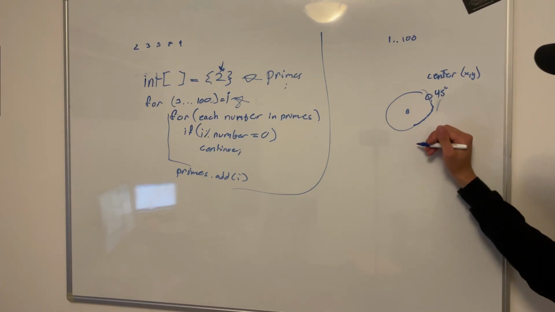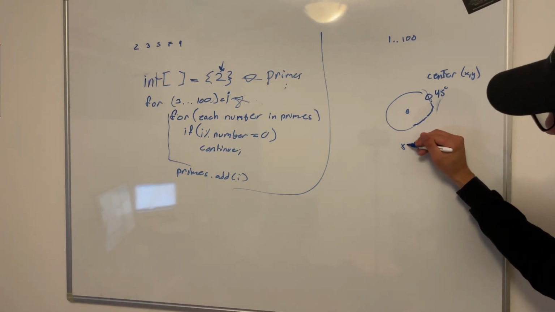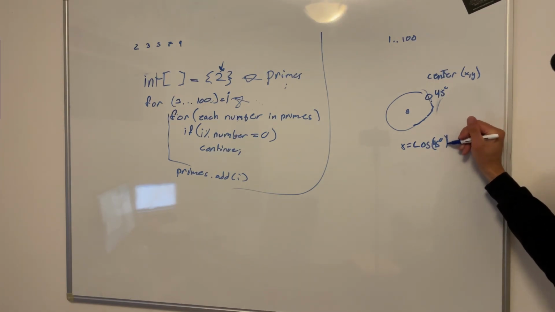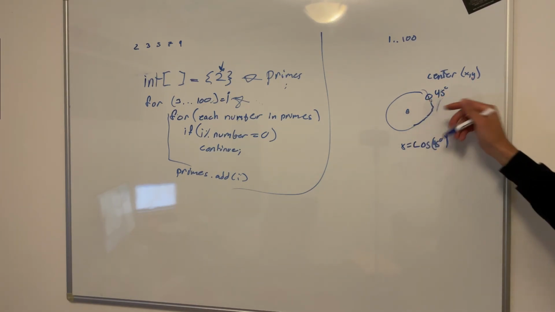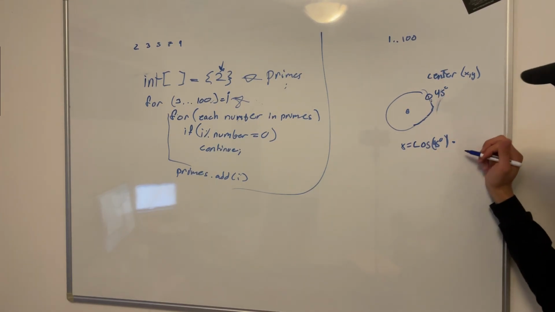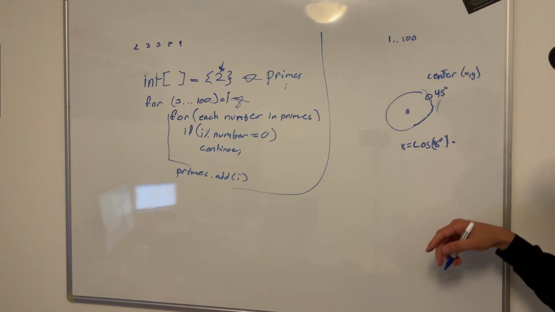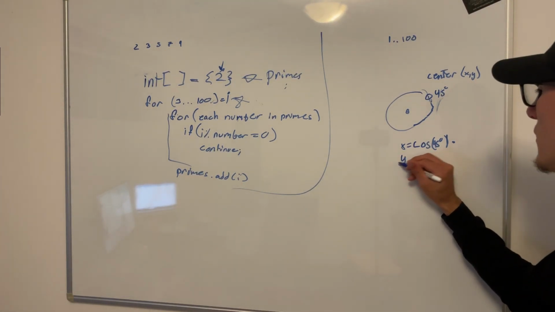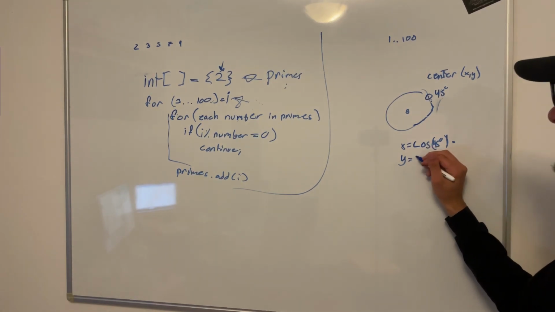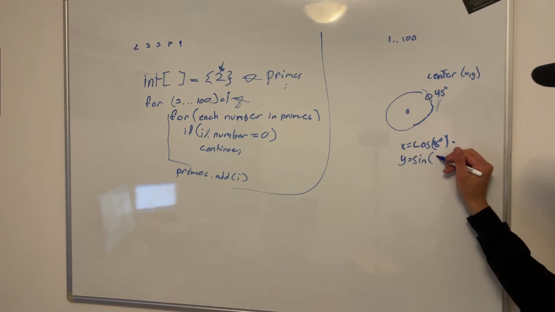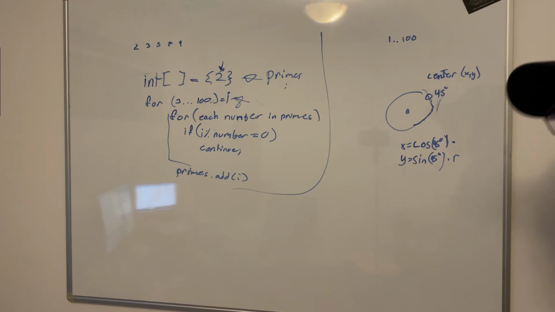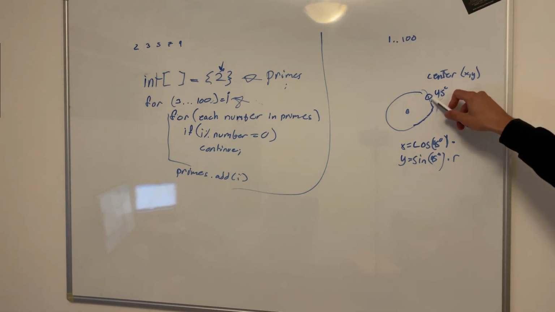The x for that point would be the cos of 45 degrees, and then to get that specific length from the center, you multiply by the radius. For the y, you do exactly the same thing, but instead of cos, you use sin. So sin of 45 degrees times radius, and you would get that other point.